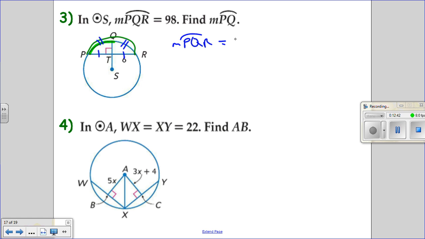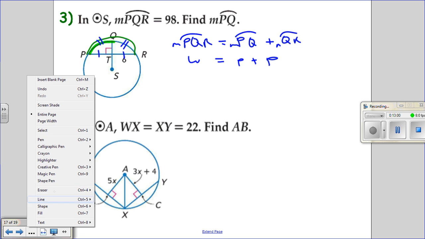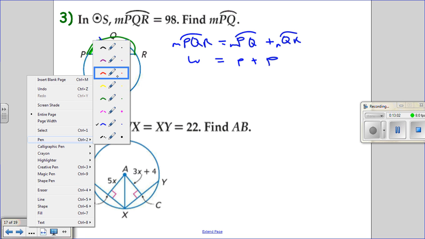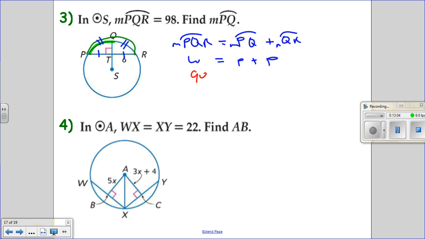And it's made up of two parts, PQ plus QR. So again, this is part plus part equals whole. I know the whole is 98. I don't know the part. And the two parts are the same.